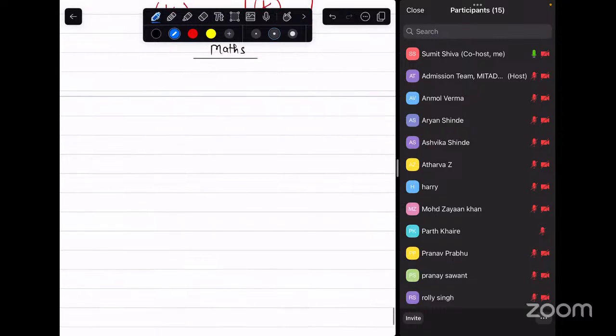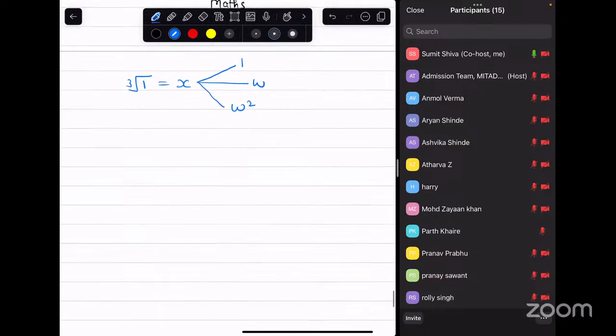So I am writing here a cube root of unity will give us three roots, 1, omega and omega square. First and foremost point is that omega cube is 1. And if you convert it into omega square into omega, this is 1, which implies that omega square is 1 by omega and omega is 1 by omega square.